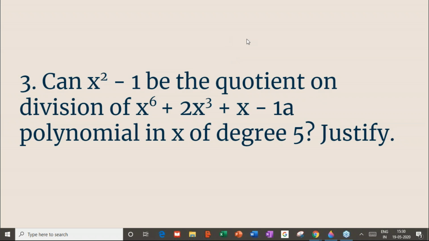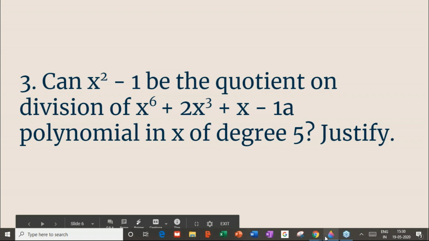I am getting two answers, from Ishan and Ritu. What is a polynomial in x of degree 5? Basically you did not get the question. A polynomial in x of degree 5 means the polynomial has the highest degree of x as 5.